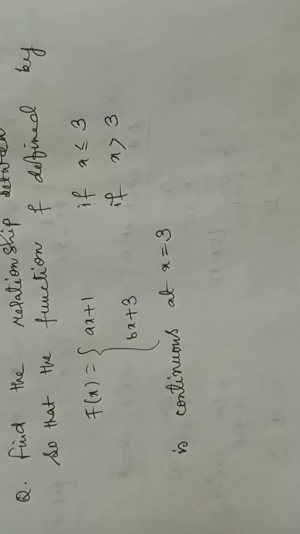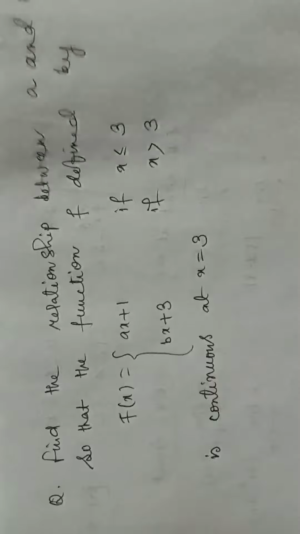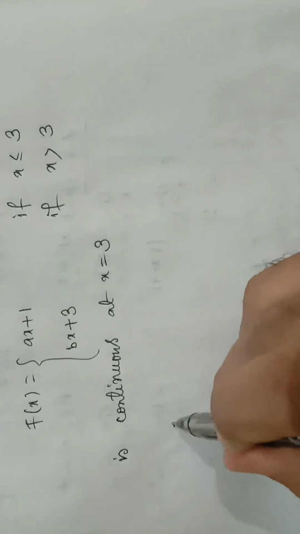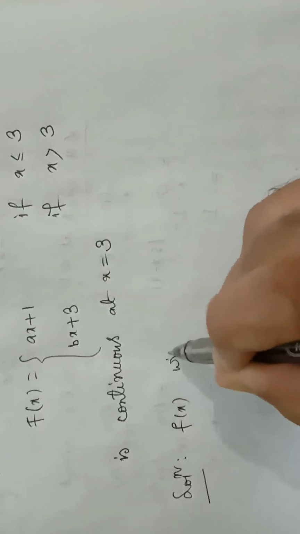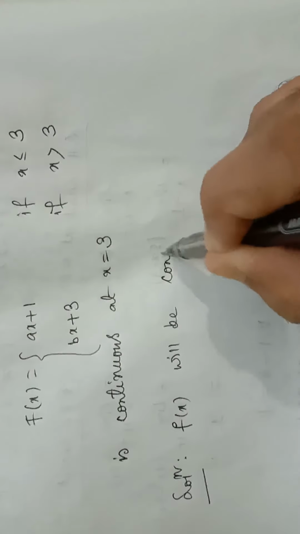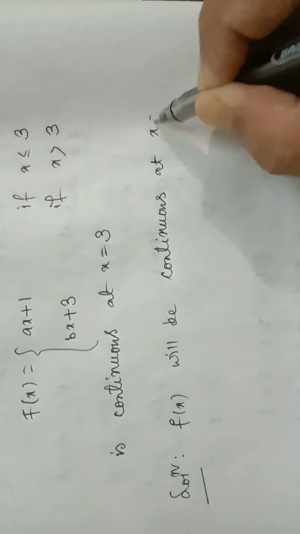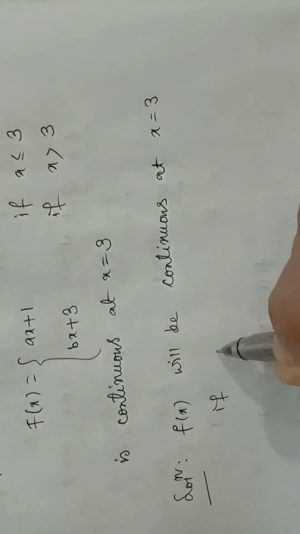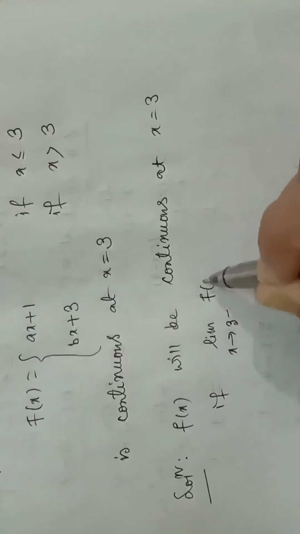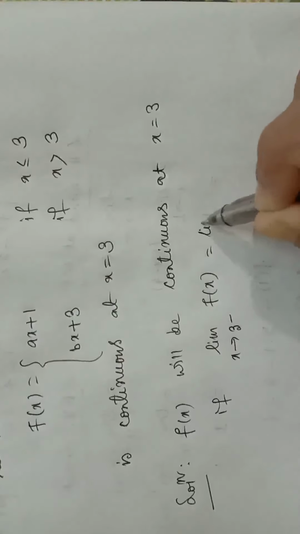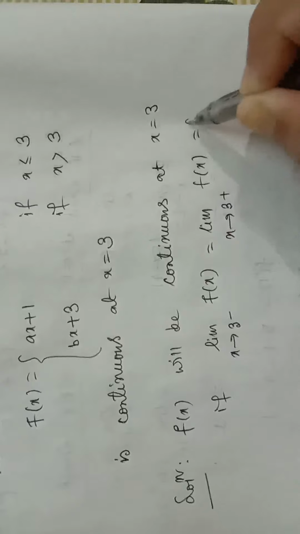Now we know by definition, f(x) will be continuous at x equal to 3 if limit x tends to 3 minus f(x) equal to limit x tends to 3 plus f(x) equal to f of 3.